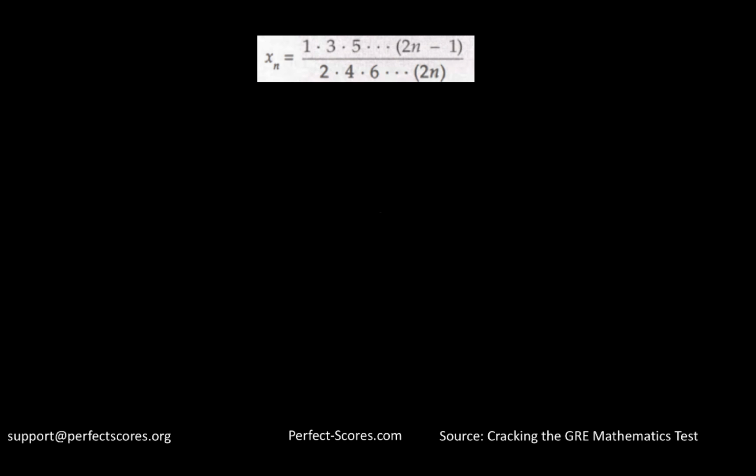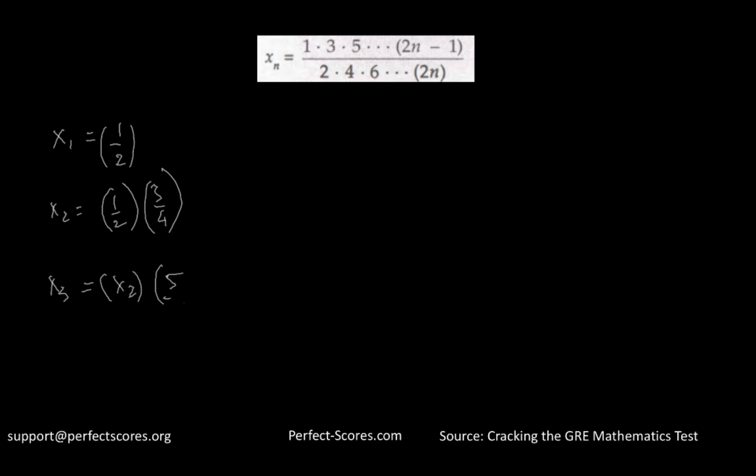Okay, so we have this series here. Now, what is x of 1? X of 1 is just 1 over 2, right? And what is x of 2? X of 2 is 1 over 2 into 3 over 4, because that's the second term. What is x of 3? That is nothing but x of 2 times 5 over 6.